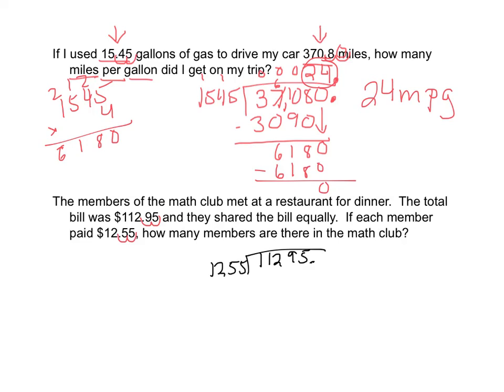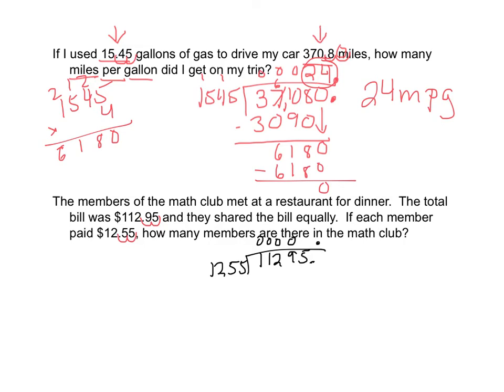So 1,255 would have to go all the way into the 11,295. When we're looking at that, if you want to put in your zeros, in this case, we actually have to go all the way to the 5.